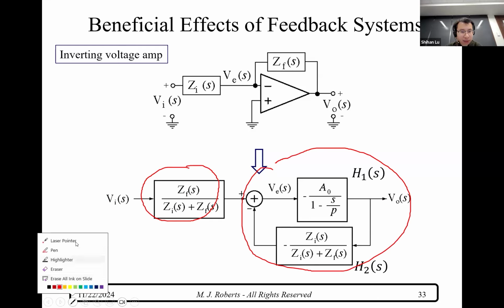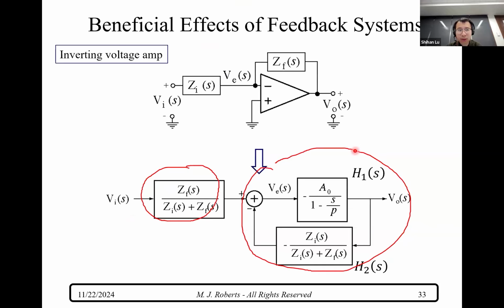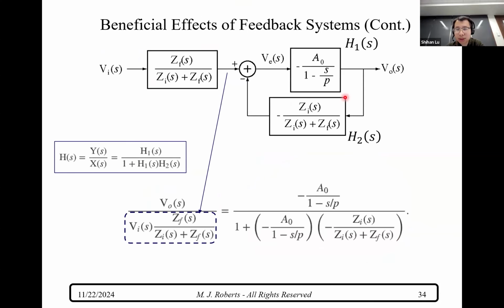Okay, and then we're going to focus on this block diagram. This is just the block diagram we used to describe the inverting voltage amp, using some domain knowledge in electric circuit design, which is out of the scope of this class. So for this class, we're going to directly focus on the block diagram.